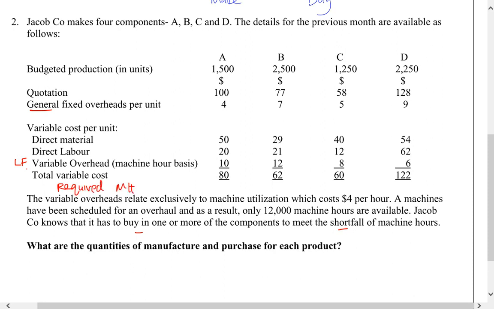How many machine hours are required? 1,005 units. One unit requires how many hours?